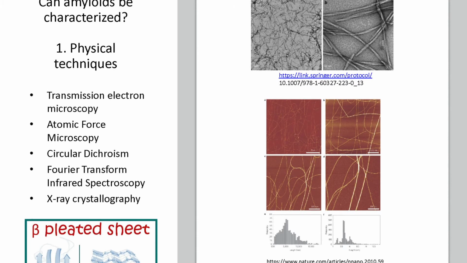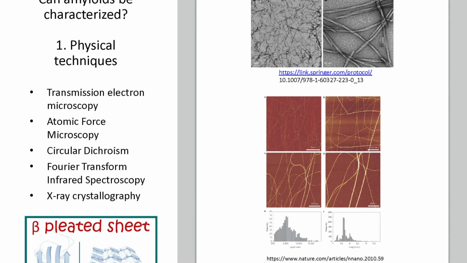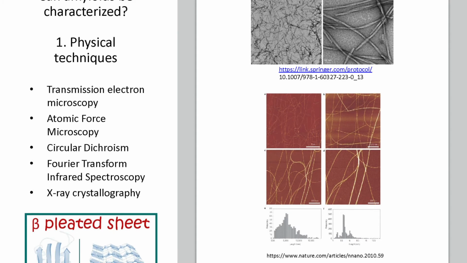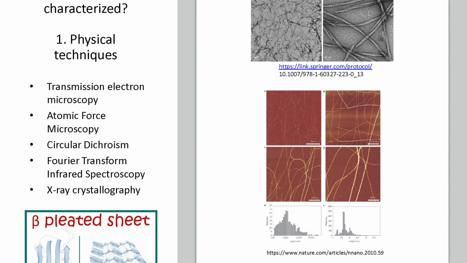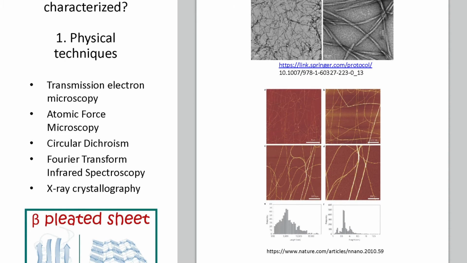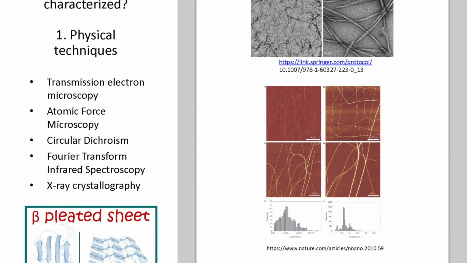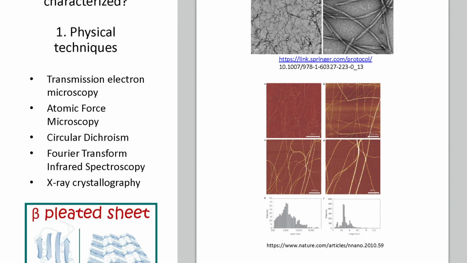In AFM, only a smaller area can be visualized, but the advantage is that we need not stain these amyloids. All we have to do is deposit these amyloids onto the mica, wash off the excess and view it under the microscope, and the structure of the amyloids can be understood by this process. But the drawback is that only a smaller area can be assessed by this means.